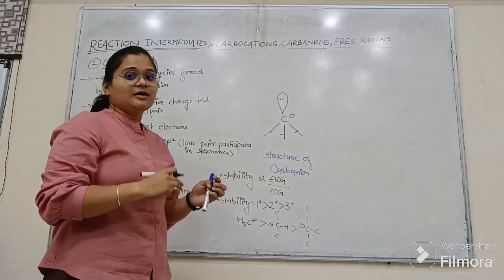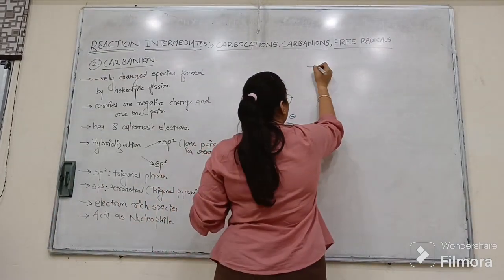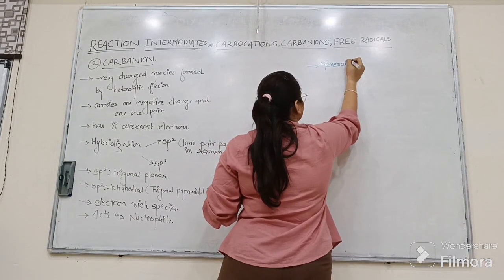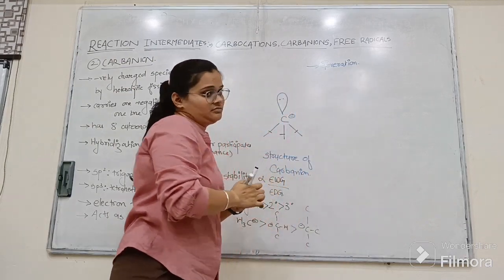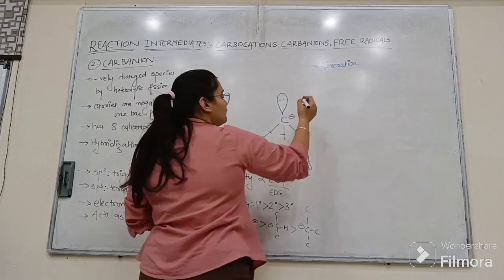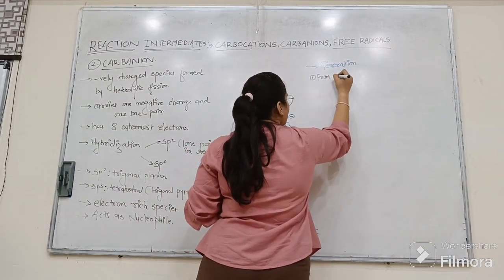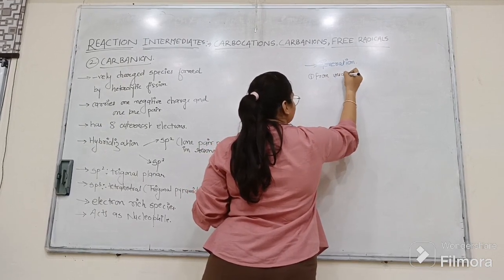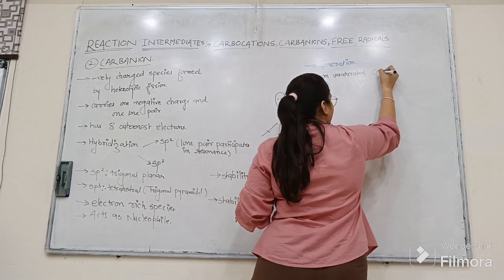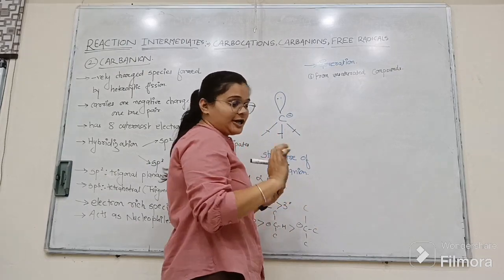Now let's discuss the generation of carbanion. The reactions of generation of carbanion involve 2 steps. The first one is from unsaturated compounds, which can be alkene or alkyne.